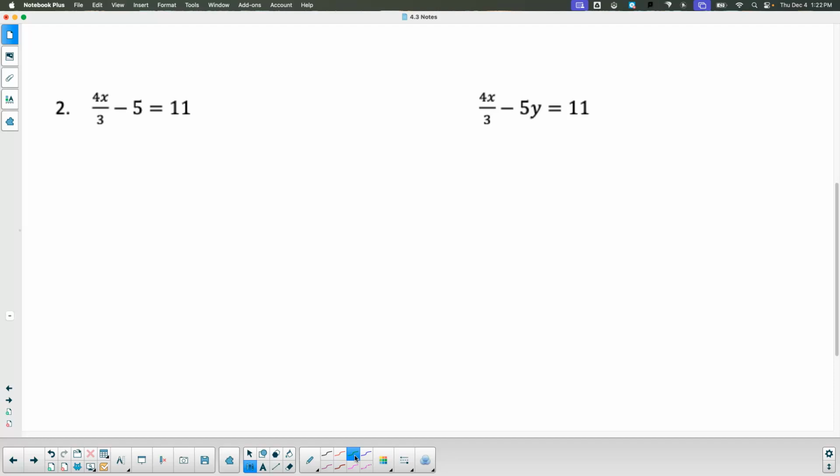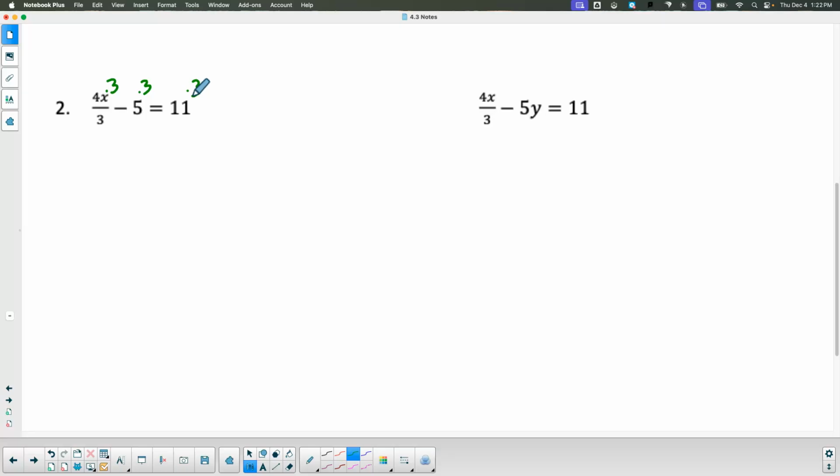Ooh, then I don't like it. If I'm going to do that first, I've got to multiply everything by 3. So I've got to multiply by 3 here, here, and there. I can't just do it to one part of one side. I've got to do it to every part on both sides.